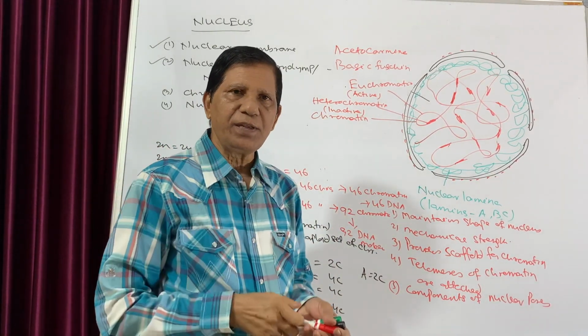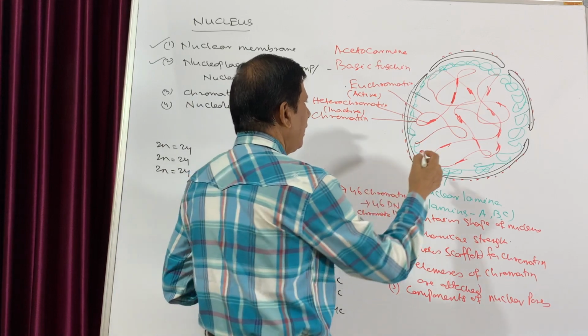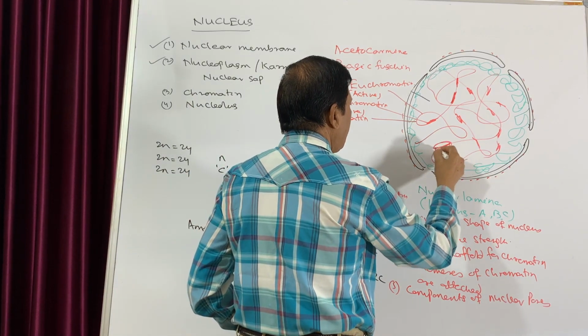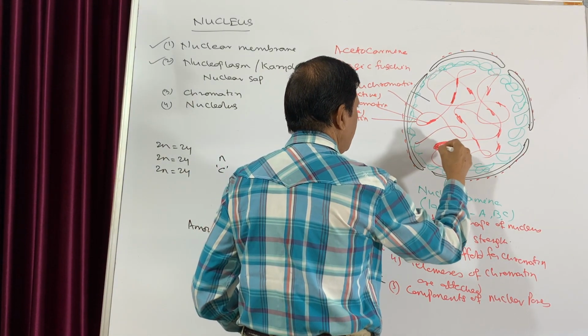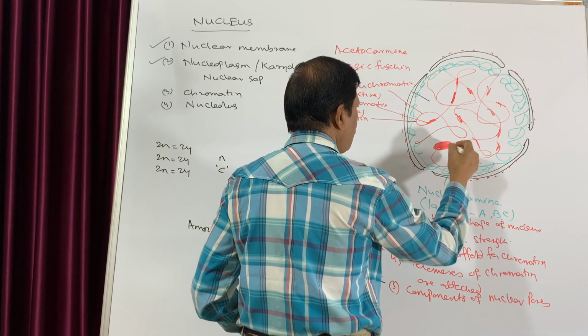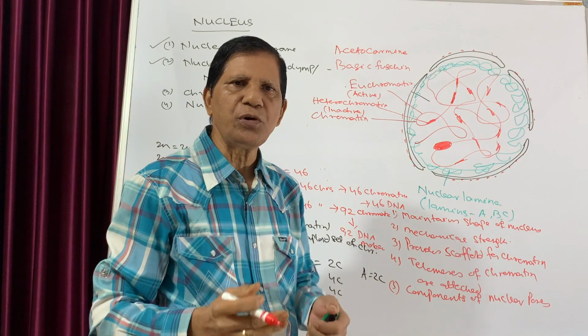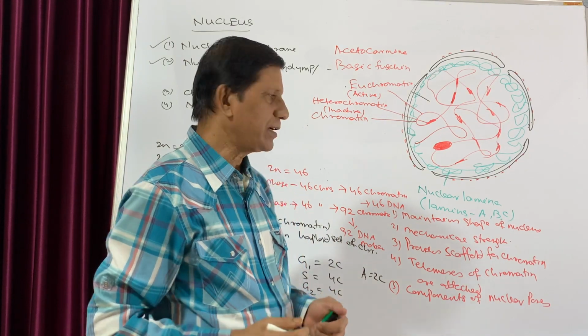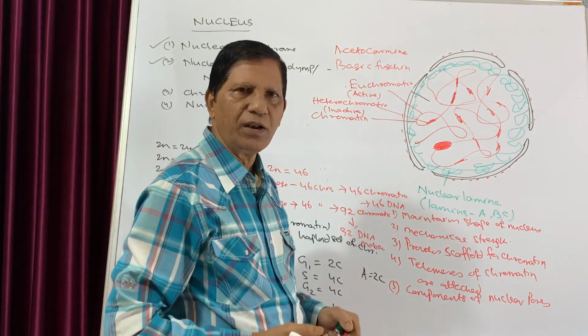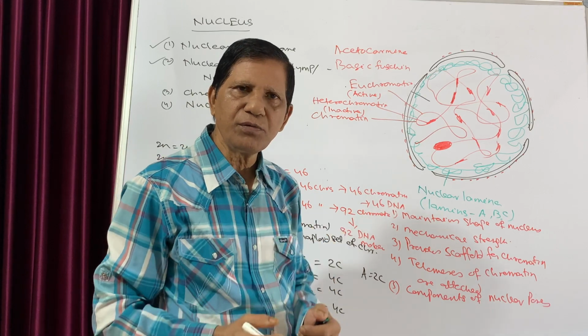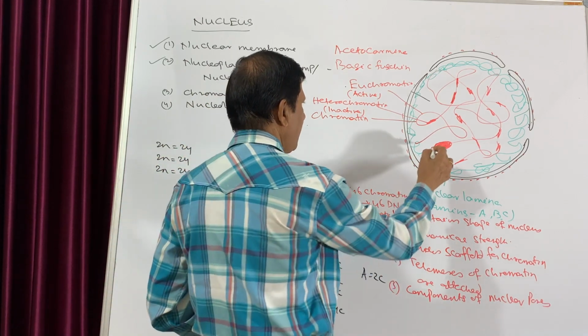But at certain places, the coiling of the DNA is so much that it may give the false appearance of a nucleolus. As if somebody will think that this is a nucleolus, but this is not a true nucleolus, this is a false nucleolus.